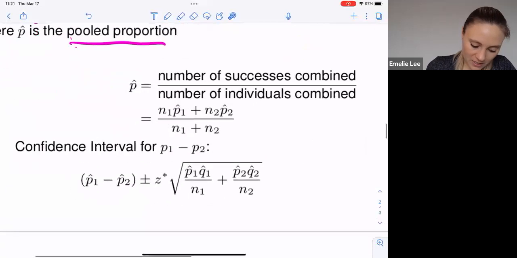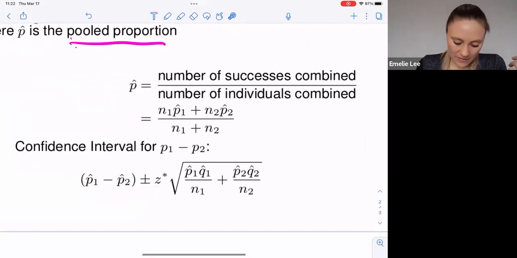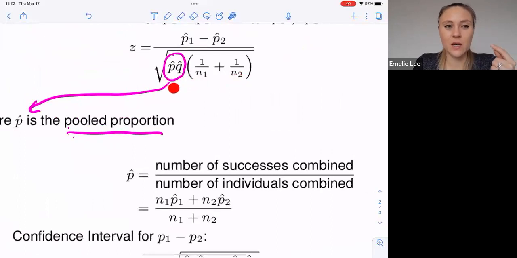Whereas the confidence interval for P1 minus P2, of course, is centered on the estimate of that difference, plus or minus Z star. You already know how to find the Z star, so this is the same as before. And then we take the square root of, and in this case, notice how this standard error is slightly different from the one in the test statistic. We saw that exact same thing happening in the one sample proportion, right?